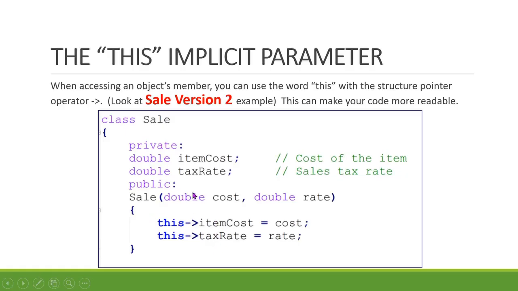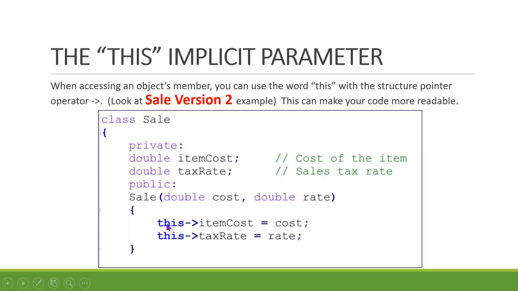So in this example right here, this is Sail version 2. I have my attributes item cost and tax rate. And then I have an overloaded constructor called Sail because my class is called Sail. And I say this arrow item cost.